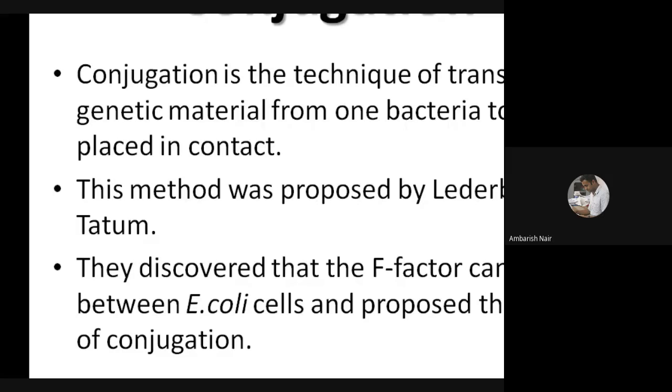All the strains of E. coli are not pathogenic. I mean, there are pathogenic strains, but not all strains are pathogenic. So conjugation is the technique of transfer of gene between two bacteria through a cellular connection, and it was discovered by Lederberg and Tatum. The things which move are called fertility factors.